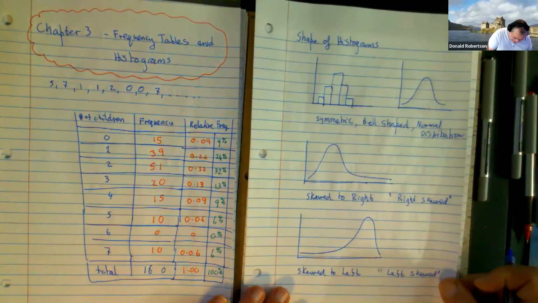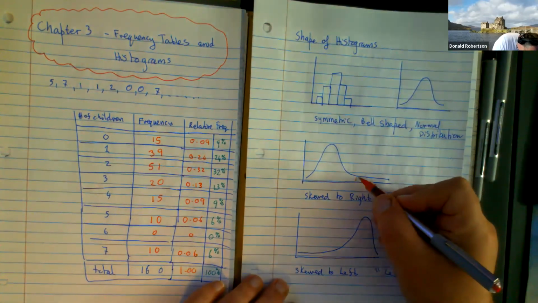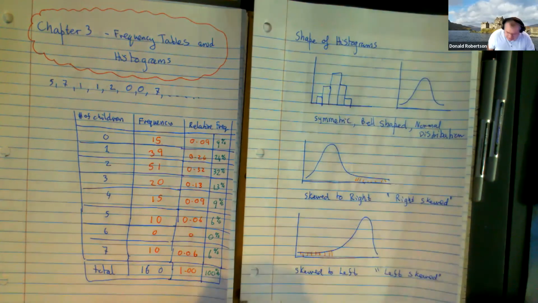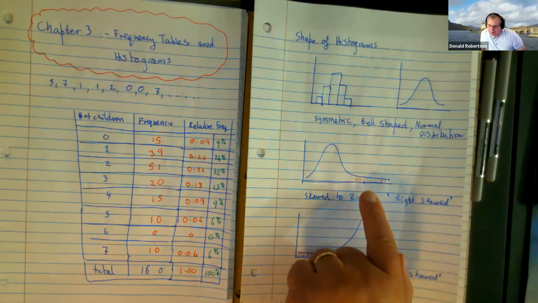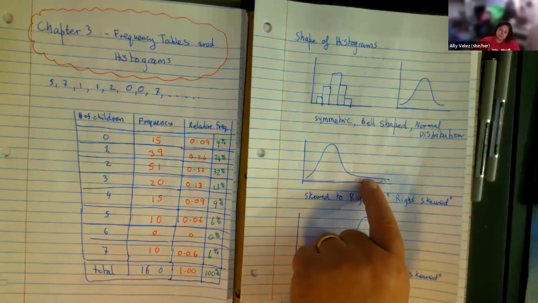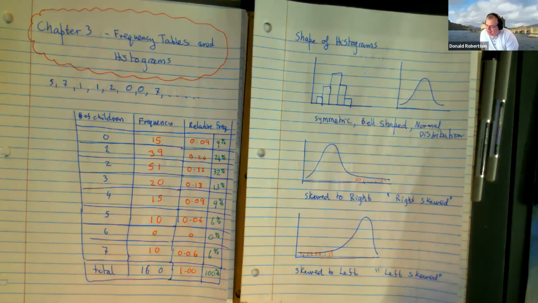We even have a name for this piece here. See this little guy in here? This little guy here. If you were going to invent a name for the piece of the curve that's here, the piece of the data's here, make up a name and see if you got lucky. What might you call this guy? Tail. Yes, it is. It's called a tail.